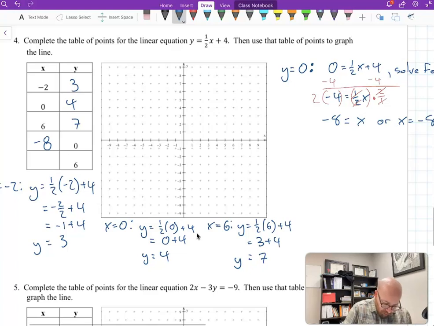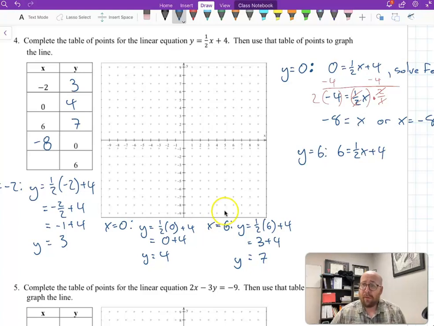And for y equal to 6, we have 6 is equal to 1/2 x plus 4. And we're going to do the exact same moves to solve for x that we did up here.